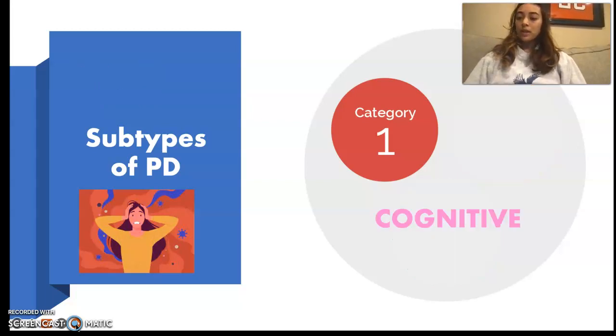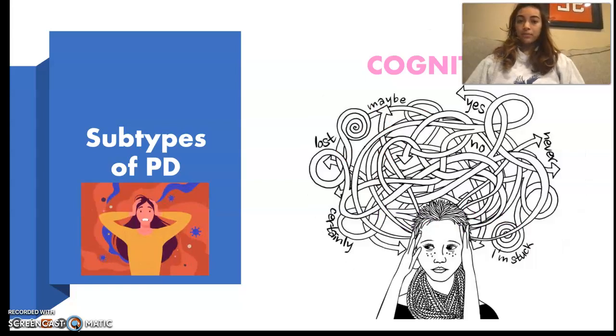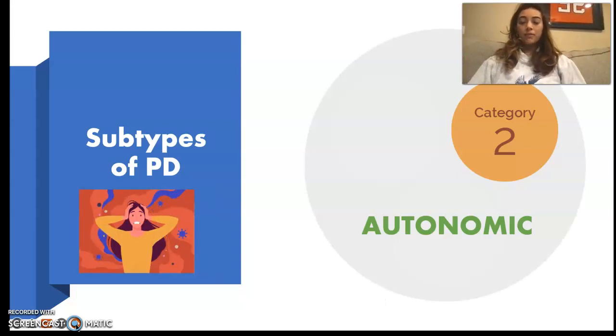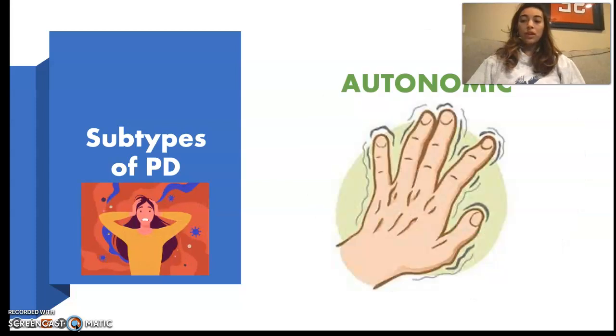The first one is a cognitive subtype. The cognitive subtype involves the experience of terror, fear, or loss of control. The second subtype of panic disorder is autonomic, which, as you may recall, has to do with involuntary functions.